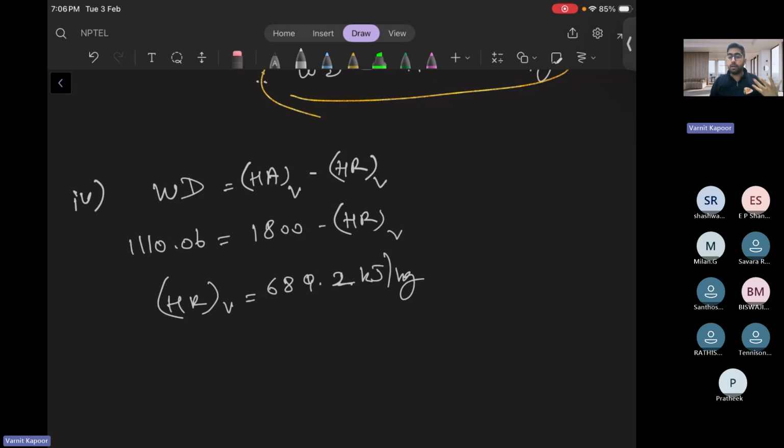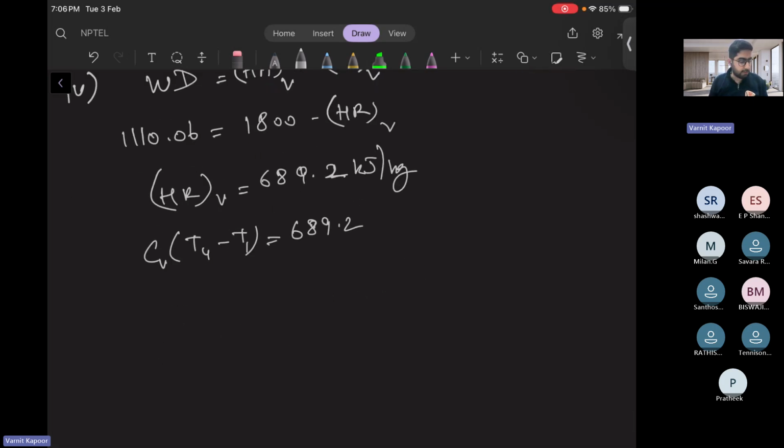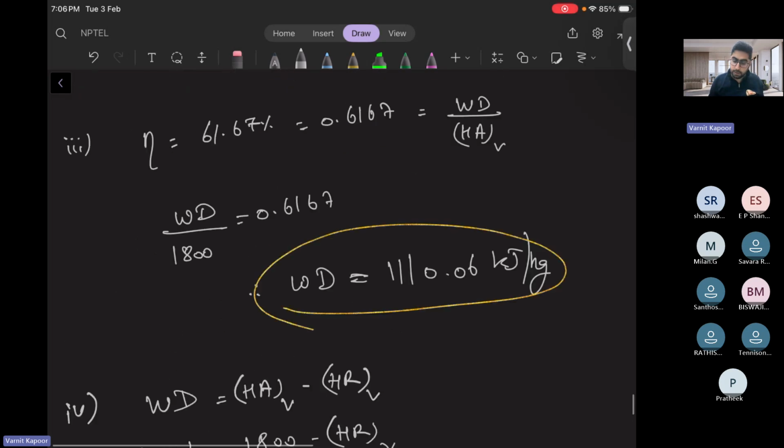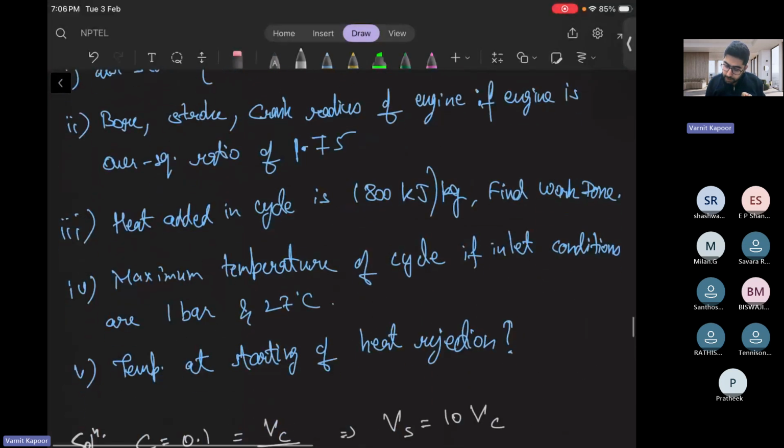What is the expression for heat rejection? From 4 to 1 process the heat rejection happens. So CV times (T4 minus T1) is 689.2. CV for air is 0.718, a standard value. T4 you don't know, but T1 is given to you as 27 degrees Celsius.